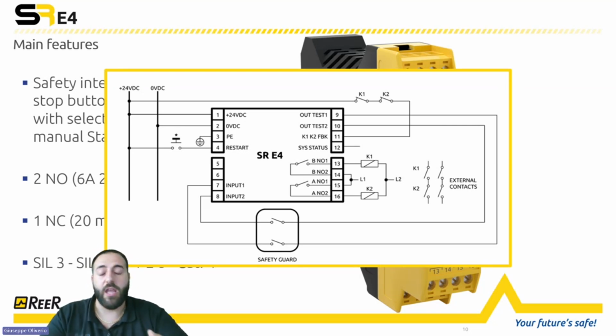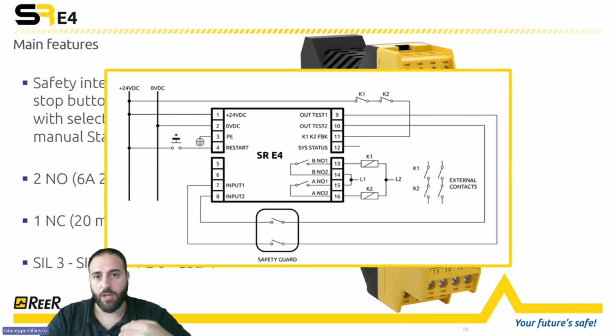When we say output test, and we already spoke about this during the Mosaic webinar that I suggest you to go and see, the output test is a trigger signal that you can use to check the presence of a short circuit or overload, overcurrent on an electromechanical contacts.